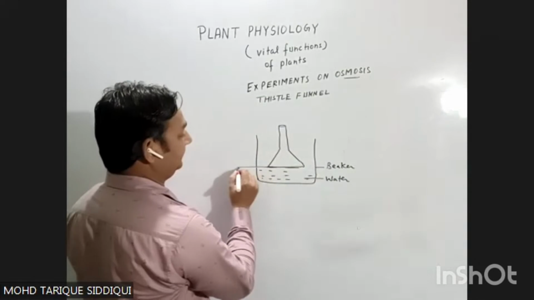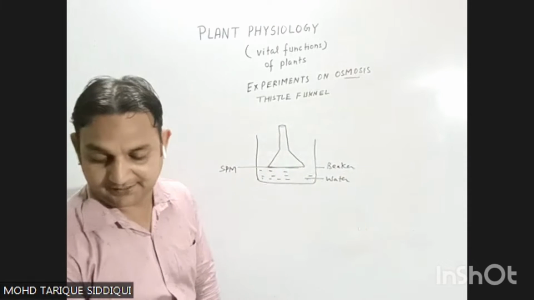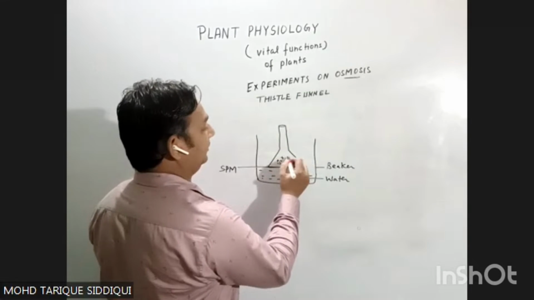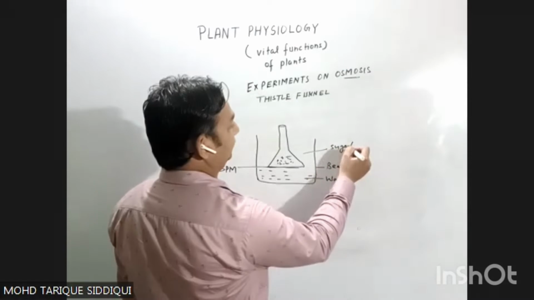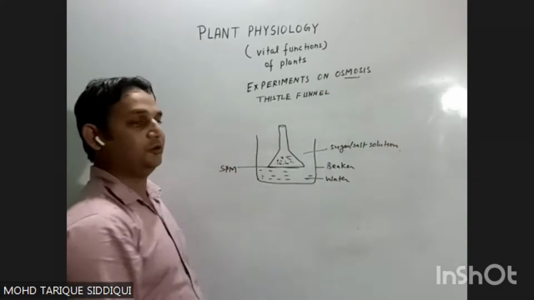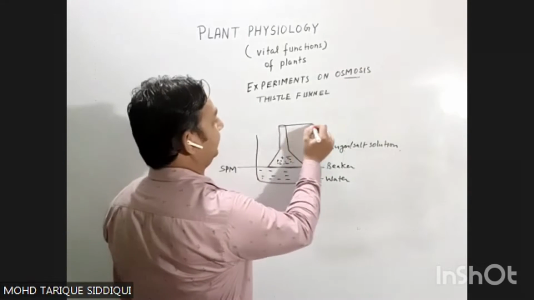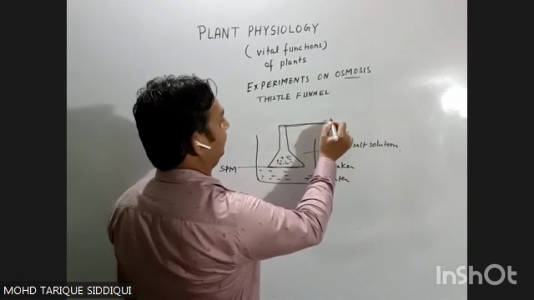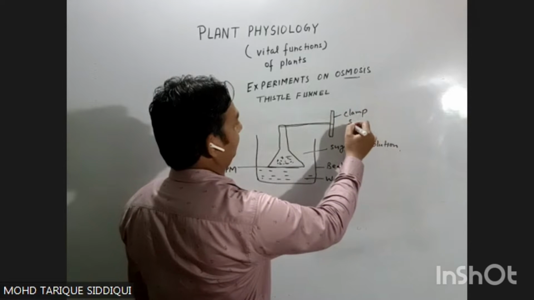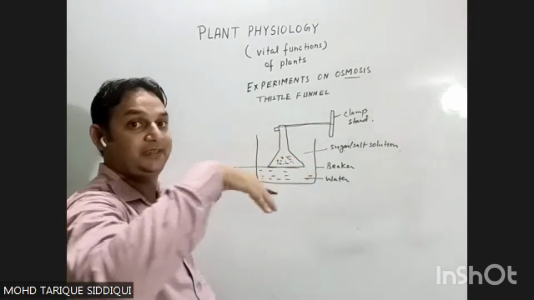This I am making, this is SPM, semi-permeable membrane. All right. In this funnel, what we have here is sugar or salt solution. Sugar or salt solution. Now, with the help of the clamp stand, we are holding the Thistle funnel for support.